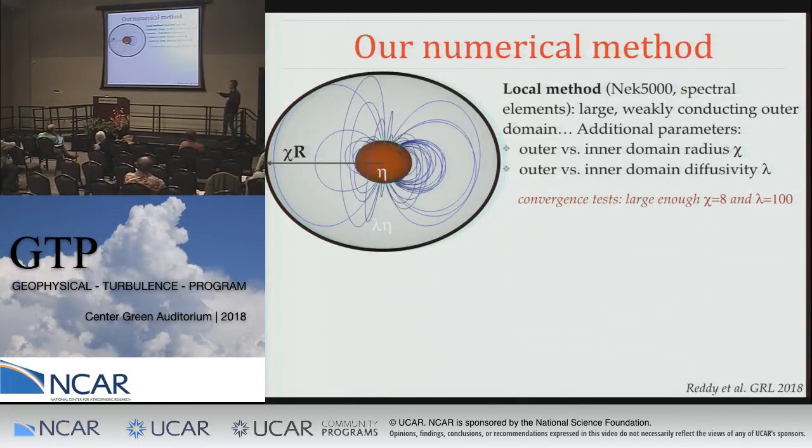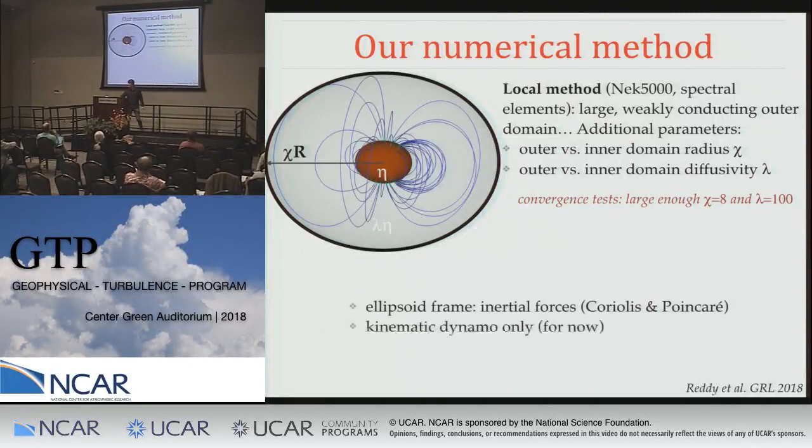So what we do is put our ellipsoid in a larger domain which has a poorly conducting value, and so we have two additional parameters: the aspect ratio of the two domains and the diffusivity ratio of the two domains. Okay, so we have made convergence tests on this.